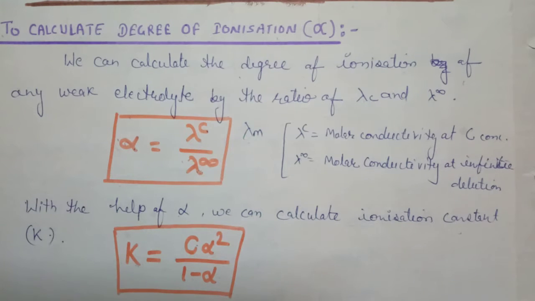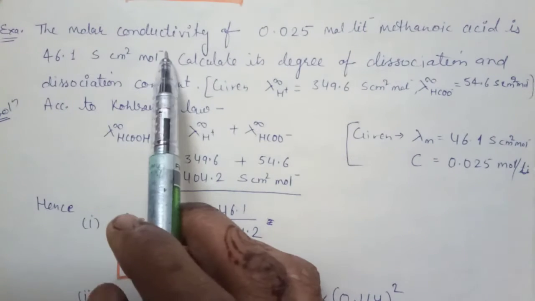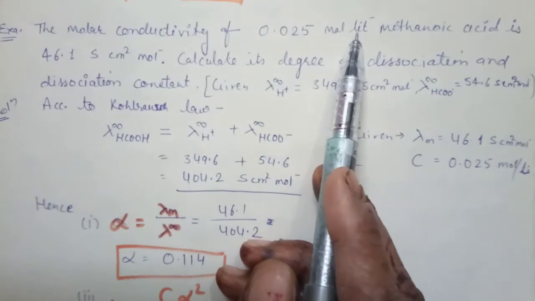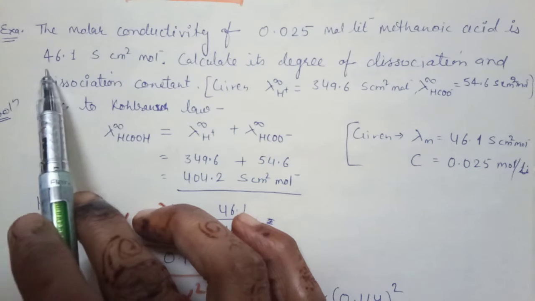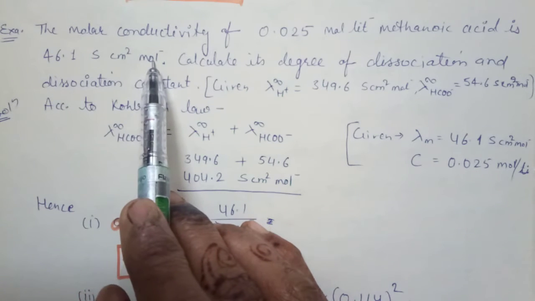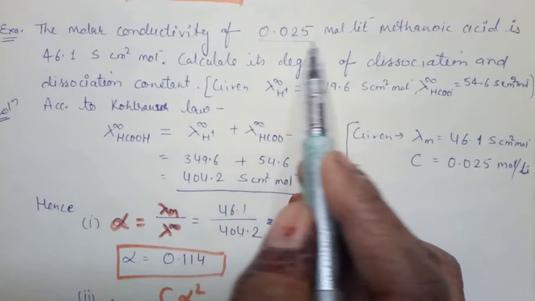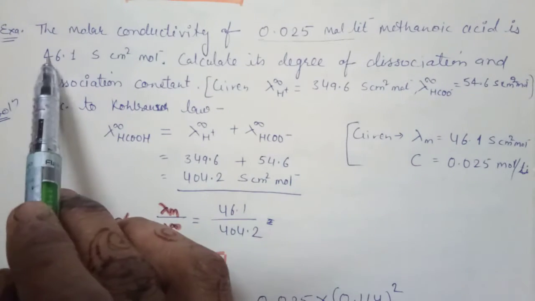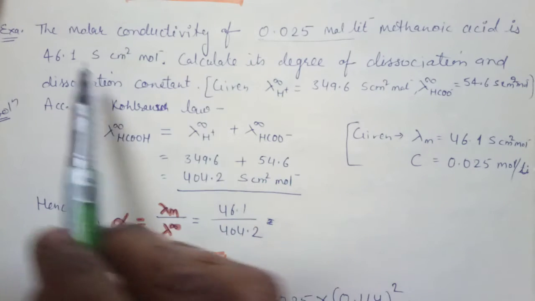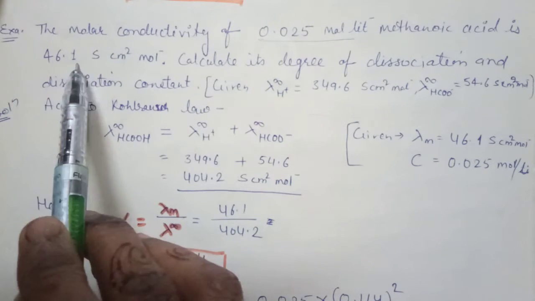Okay, see the example about it. The molar conductivity of 0.025 mole per liter methanoic acid is 46.1 Siemens centimeter square mole inverse. This is the concentration of the solution, and this is the lambda m.